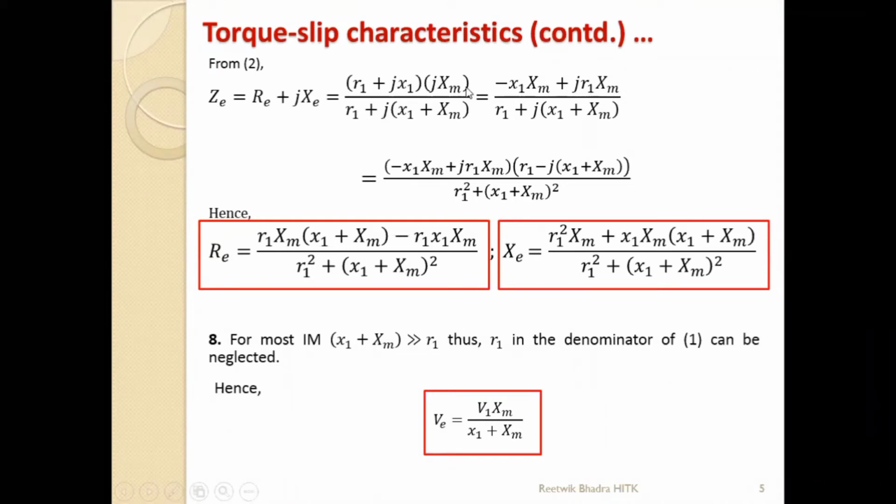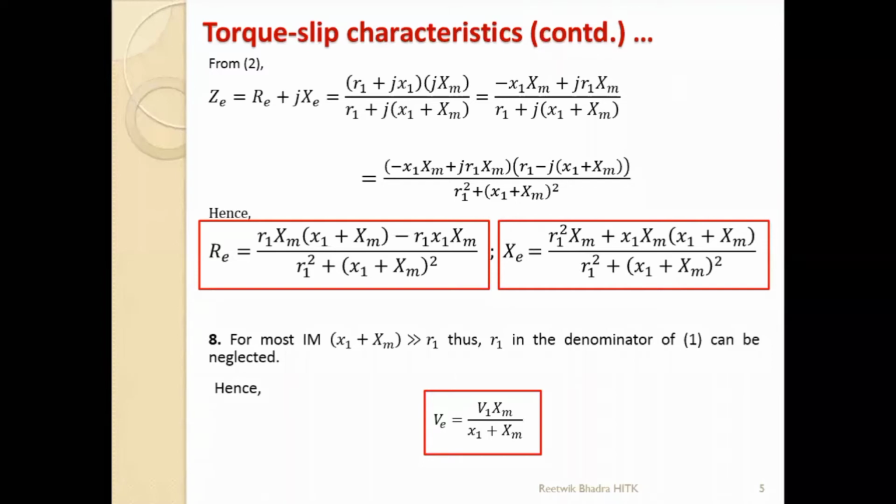Okay. Next, what will we do? We will multiply the numerator and denominator with the complex conjugate of this form. So if it is A plus JB over here, we will multiply denominator and numerator with A minus JB. So this part will become real, because you know A plus JB into A minus JB will give you A square plus B square.